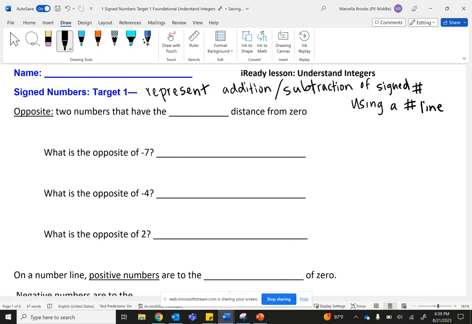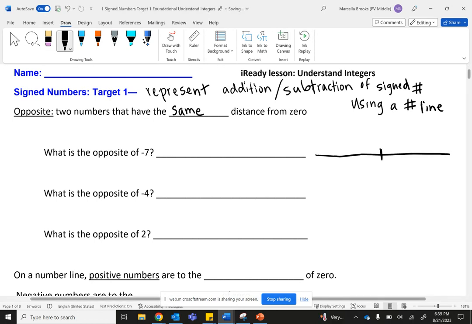So our first vocab word is opposite. Two numbers that have the same distance from 0. So my first question here says, what is the opposite of -7?